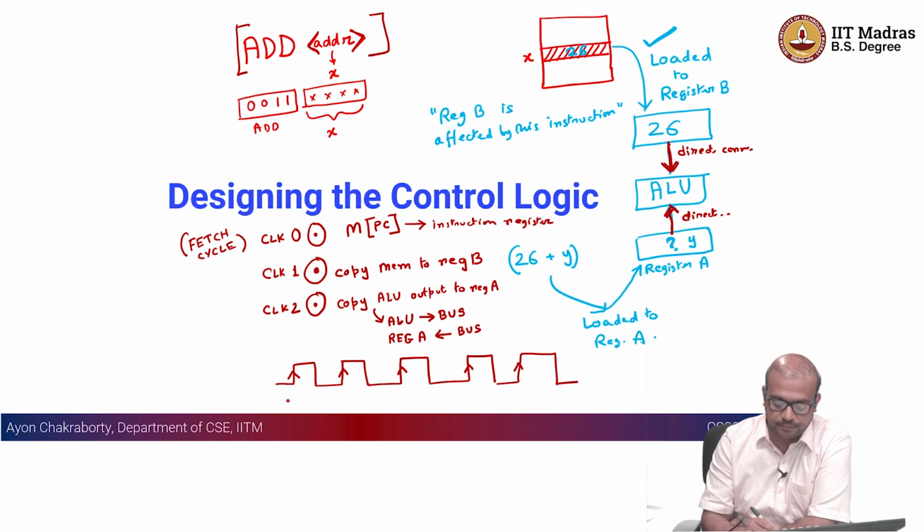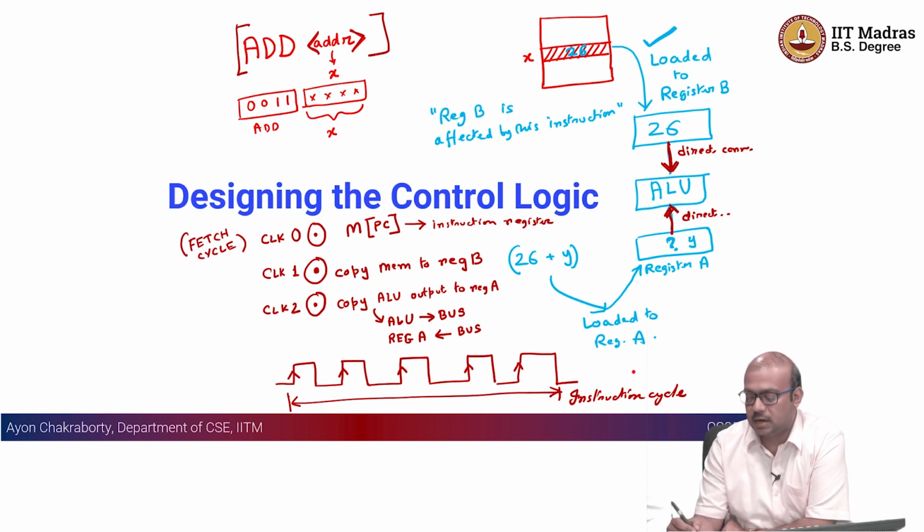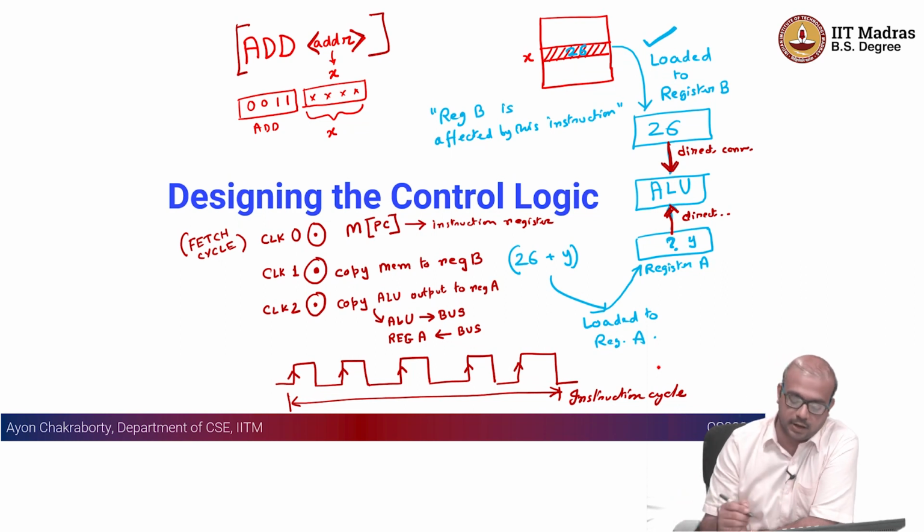So, this entire thing could be called an instruction cycle. Okay. And this instruction cycle can refer to the time it takes to execute this instruction, right. The longer the number of clock cycles inside it, the longer the time taken by the instruction to get executed. Okay.